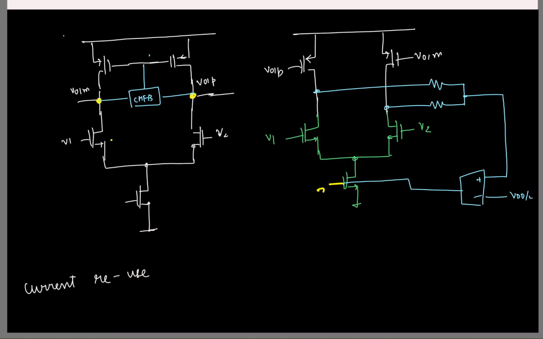Okay, so we'll have to compensate this once again for the common mode stability, and for that, what do you think we should do? For compensating, what should I do? Yeah, so I'll have to add a capacitor between the input and output of the second stage. So this is the input of the second stage, and where is the output taken?